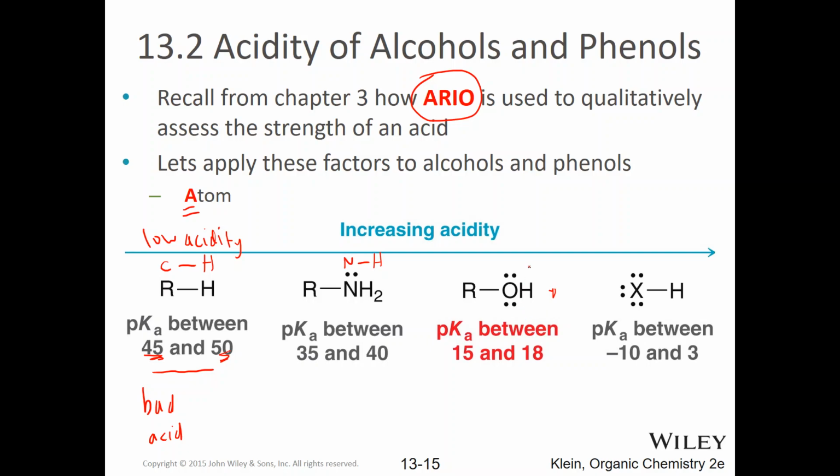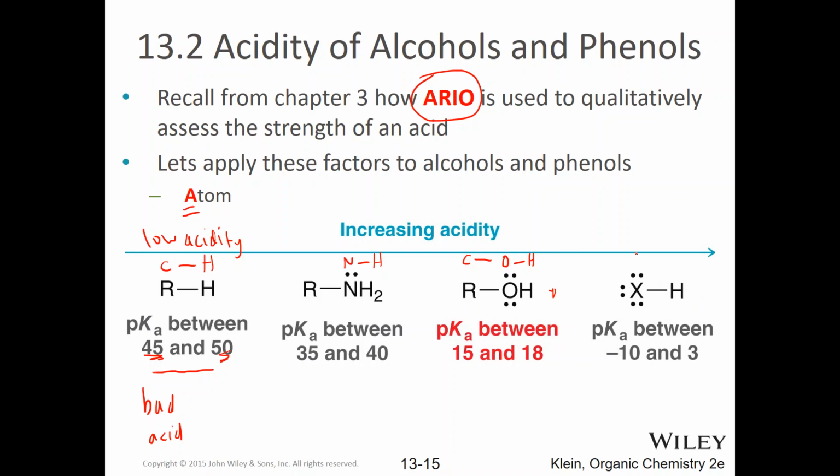Now, if the hydrogen is bonded to an oxygen, can you see what we're doing here? Carbon, hydrogen, nitrogen, hydrogen, oxygen, hydrogen. If it's bonded to oxygen, then its pKa is between 15 and 18, or maybe 14 and 18. You still have the carbon here, but watch out, that carbon is bonded directly to the oxygen, and the hydrogen is bonded to the oxygen.